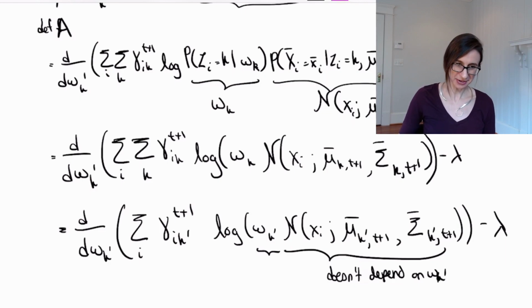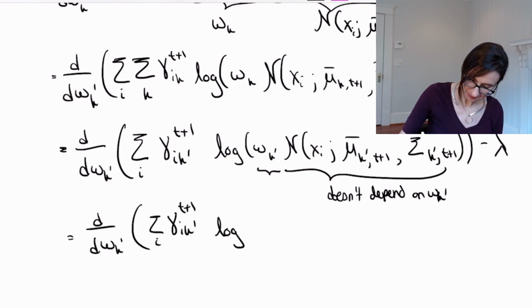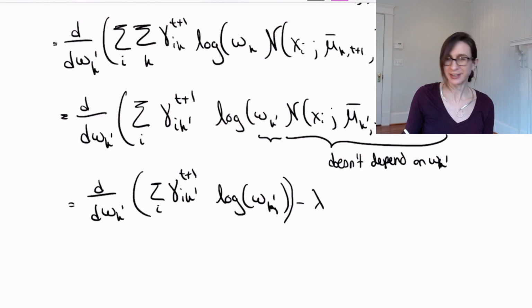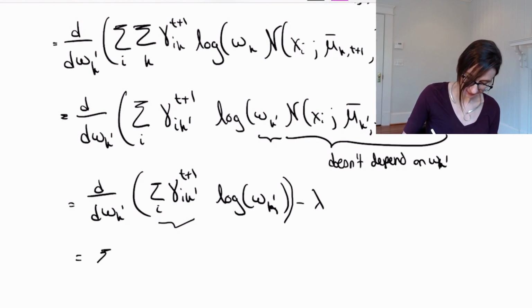All right, so let's simplify. Well, that got a lot simpler. Now, taking the derivative of the log, we're going to get 1 over WK prime. All this stuff just comes straight out.